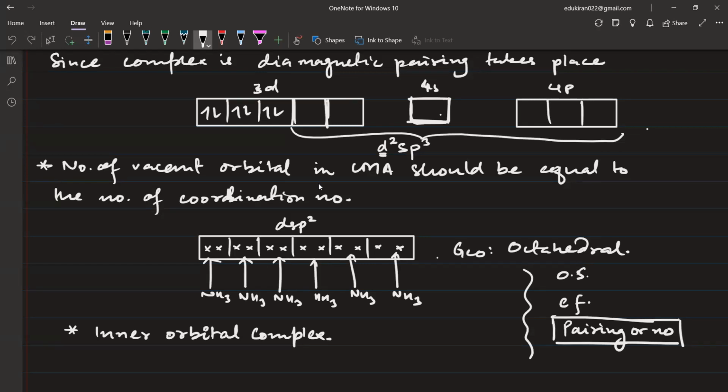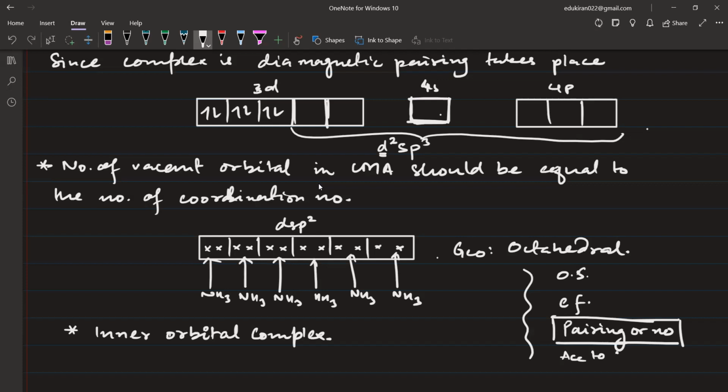If they do not give you whether it is diamagnetic or paramagnetic, then you have to use the information from crystal field theory. You will look at the ligand, and once you do the crystal field theory, you will understand that this ligand is going to do pairing, this ligand is not going to do pairing. So you can borrow that information from crystal field theory. And then next is what?